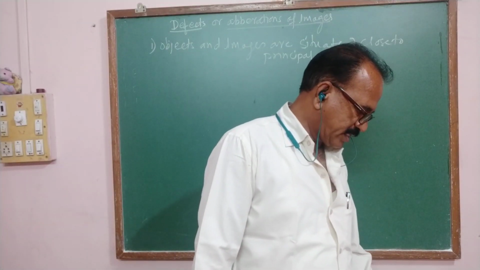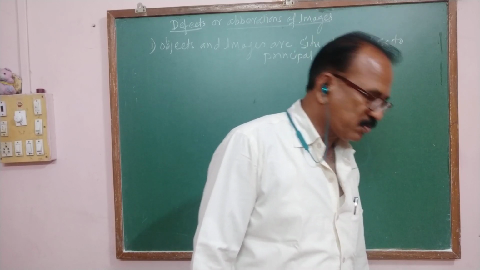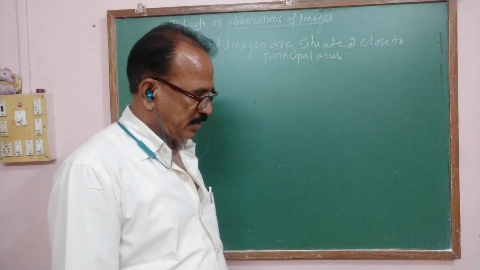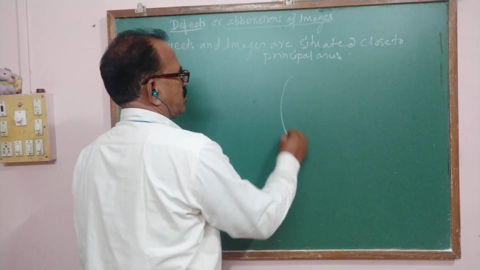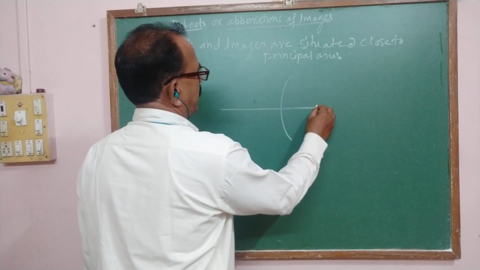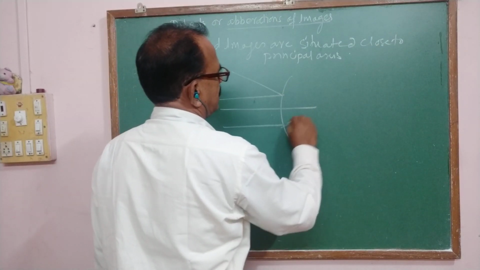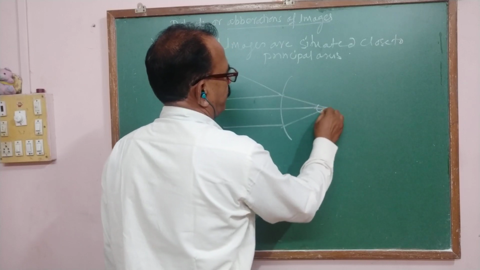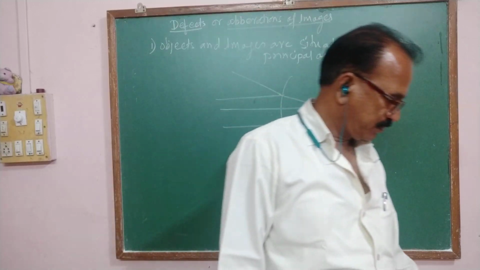Second is rays diverging from the objects are confined to a cone of a small angle. Suppose this is the principal axis. These are the diverging rays. They will form a small cone. This angle is called the cone angle.